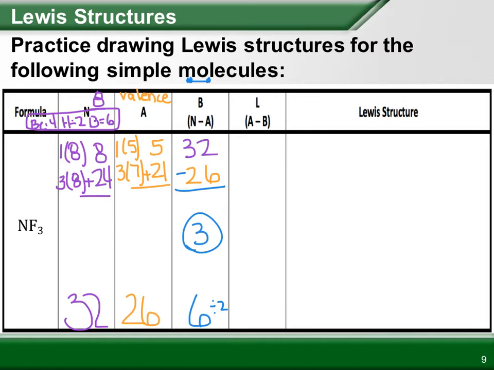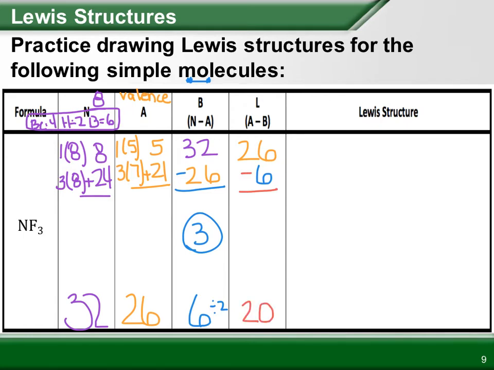Calculating L, we're looking for A minus B. So A was 26 again, and we're going to subtract B from it. We're going to use the 6 that we calculated earlier. So we're not using the number of bonds, we're using the number of bonded electrons. So we subtract these two numbers and we get 20.